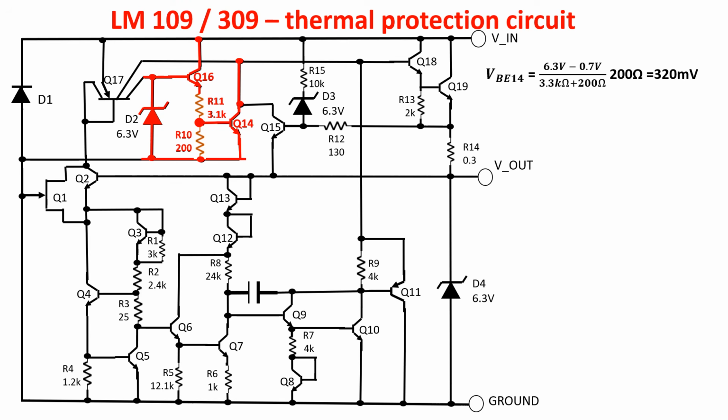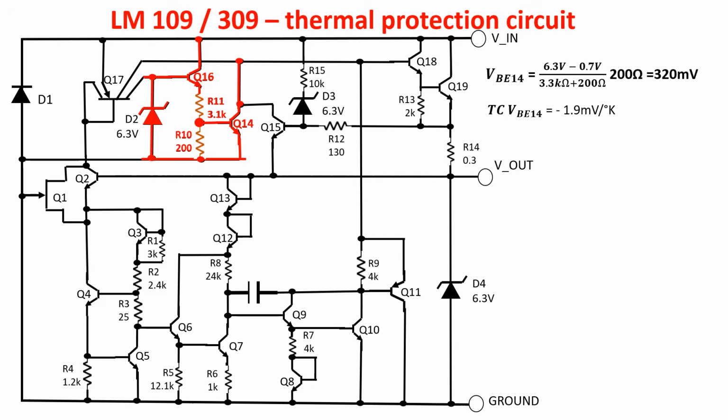At 300 Kelvin, 320 mV is not enough to turn on Q14, but if the temperature raises, the base emitter voltage of Q14 decreases by 1.9 mV every degree. The thermal coefficient is this. To turn on, the base emitter junction needs around 0.6 volts at 300 Kelvin, around 27 degrees Celsius.